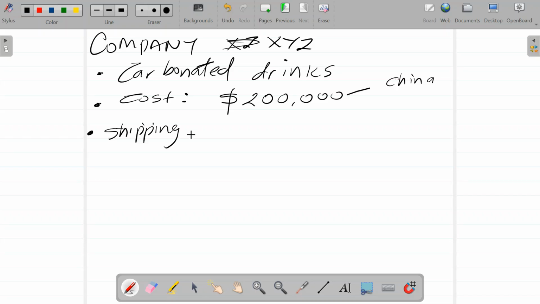So maybe shipping is $10,000. Now the machine is at Tema port. Now the factory is at maybe Tema industrial area, or let's say the company is at Kaneshi industrial area.